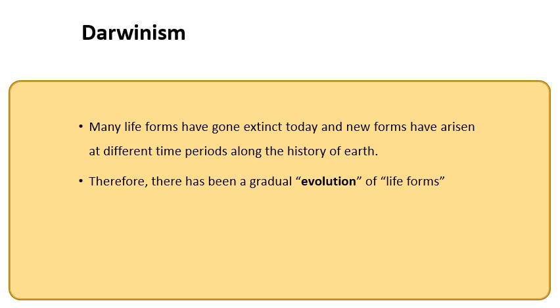Second, struggle for existence. Third postulate is development of variation. Fourth postulate is survival of the fittest. And last postulate is origin of species. These are the 5 important postulates or theories proposed by Darwin.